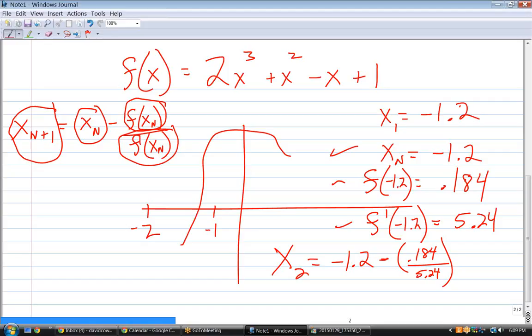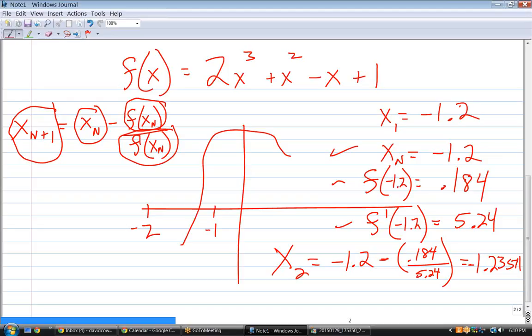And that is equal to negative 1.23511. All right? So that is a better guess than our first guess.